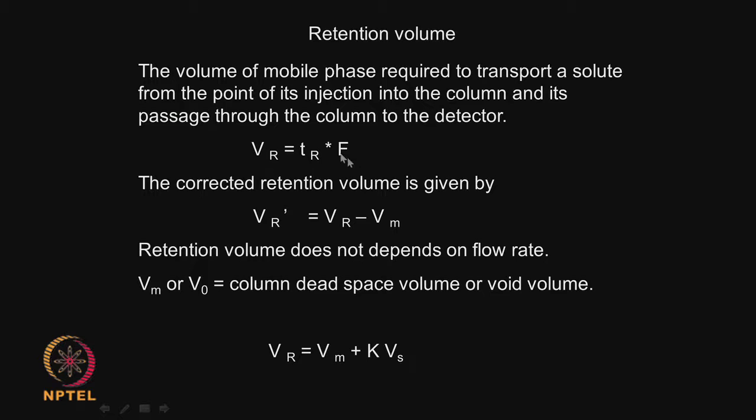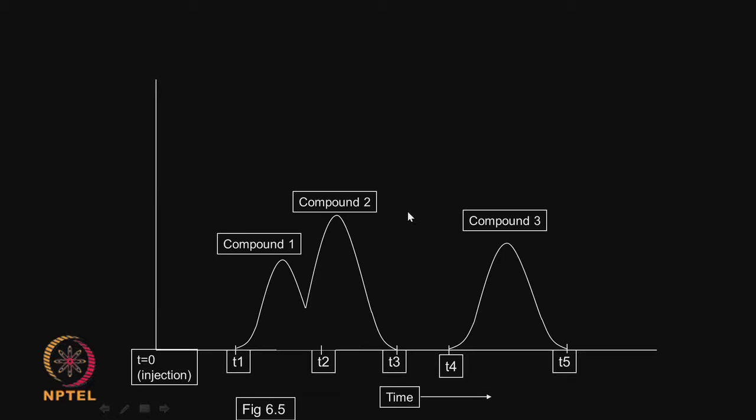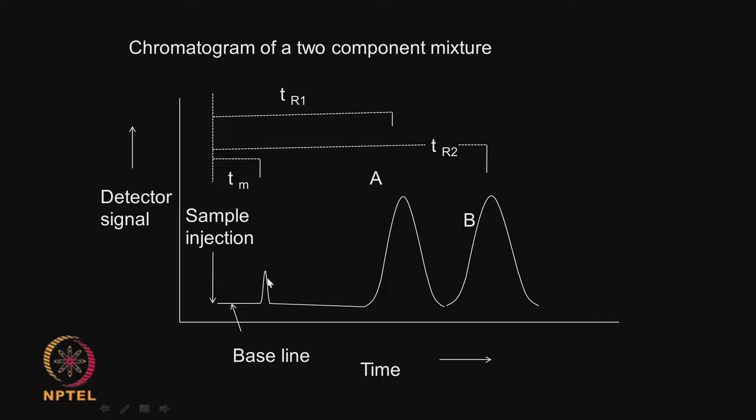Similarly, if you want the corrected retention volume, we need to subtract with respect to Vm. If you remember, I mentioned something called Tm here, right, because if you just inject, you will get a small peak corresponding to the dead volume of your pipe and packed material.